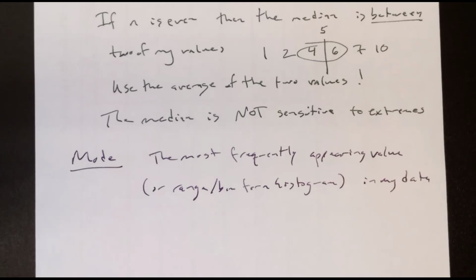Maybe 2 of them both show up 3 times. Well, then we'd have more than one mode, and we'd call that a bimodal set of data. As a matter of fact, you can have lots of modes, but once you get beyond 2, it's not really useful in a lot of places.